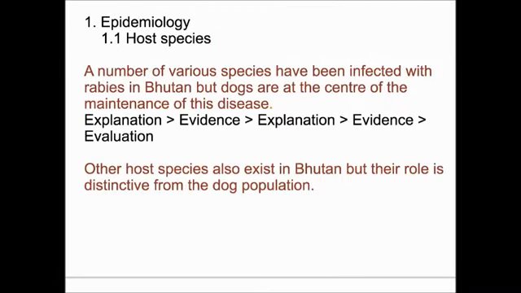So, we just looked at the first paragraph, and that was the topic sentence of it here. We found that the pattern started with this topic sentence: A number of various species have been infected with rabies in Bhutan, but dogs are at the centre of the maintenance of this disease. We had explanation, then evidence.